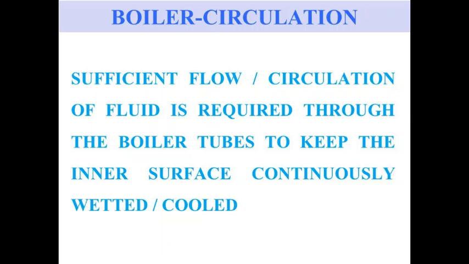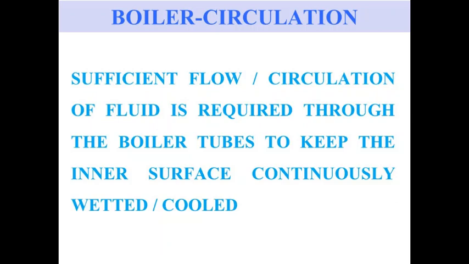Whether we go for a continuous pass of water, like a once through system, or we arrange a boiler drum circulation of water, naturally in both systems there is a fixed steam water separation system, like in the drum, or we have a continuous system.